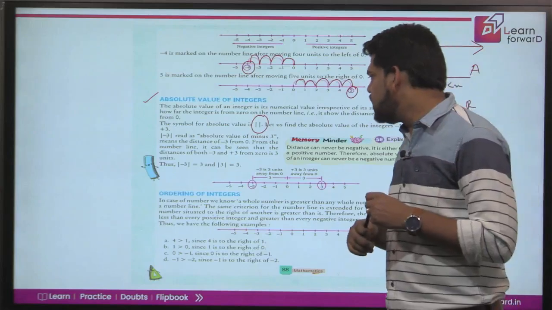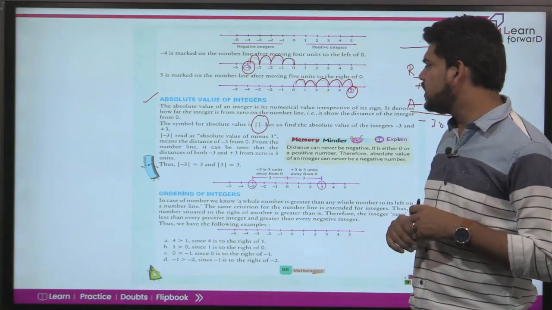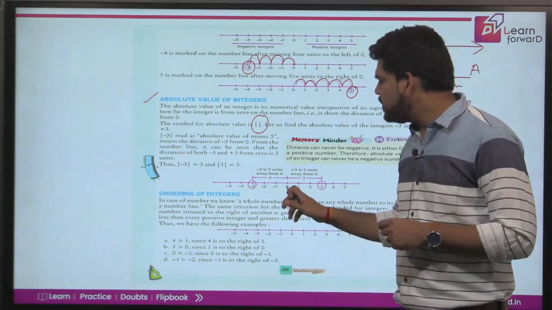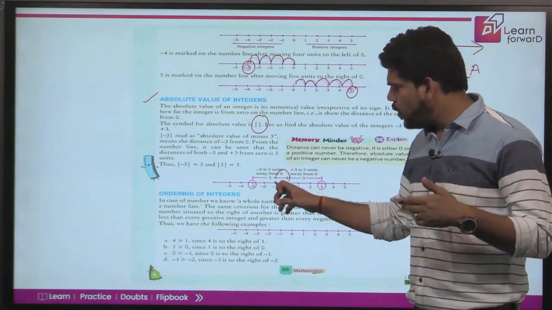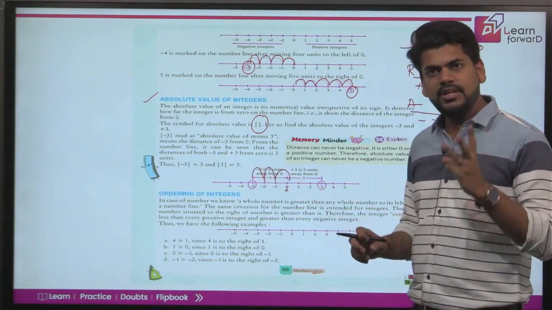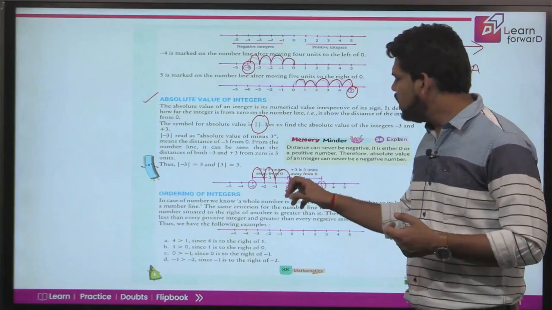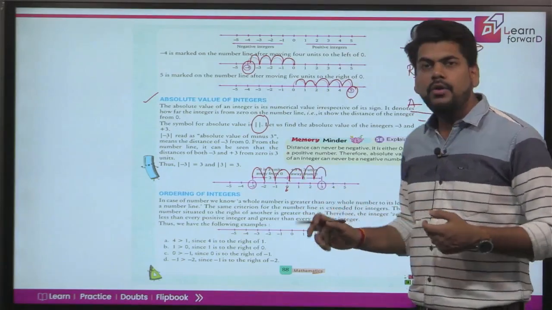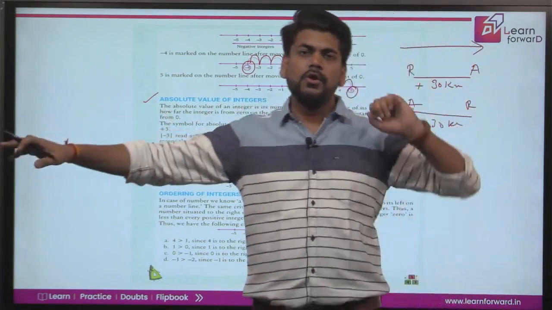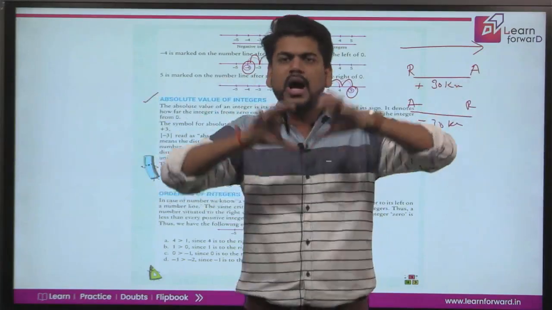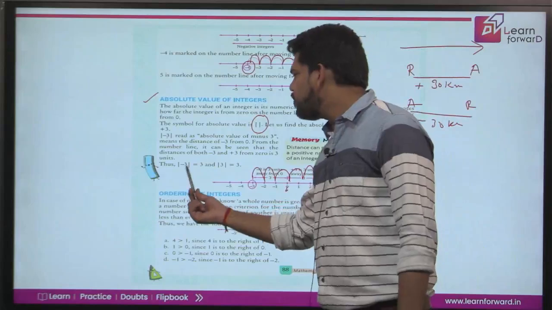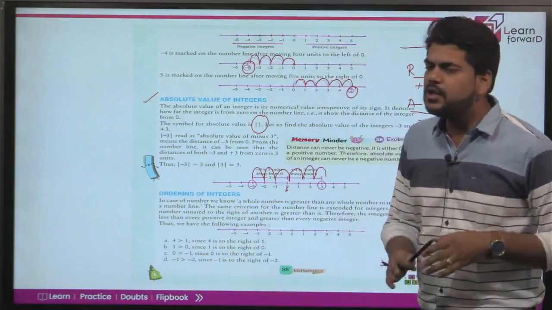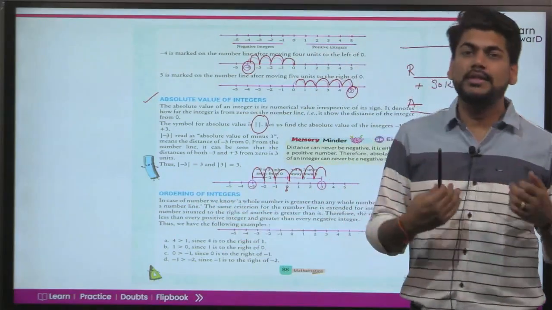If I am at 0 and the number is -3, how far it is? 1, 2, 3. 3 steps. How far is 3? 1, 2, 3. So it doesn't matter whether it's a negative number or a positive number, they both are at equal distance from 0. So the absolute value of -3 is 3 and the absolute value of 3 is also 3.